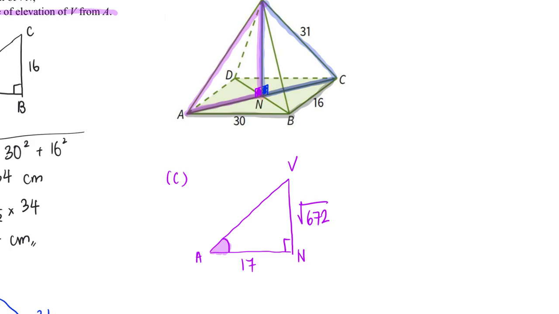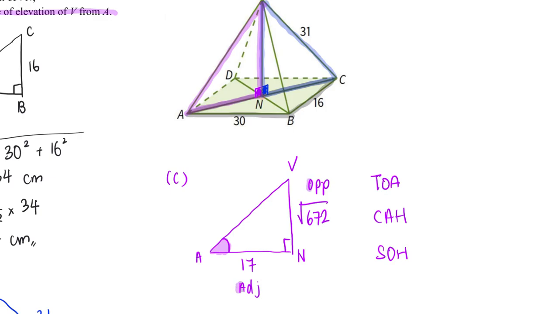And with respect to the angle VAN, I will have 17 as my adjacent side, VN as my opposite side, with SOH CAH TOA. Which of these ratios could I apply?